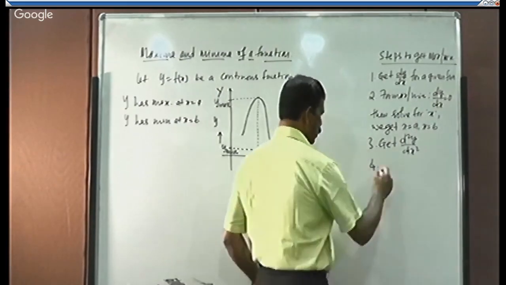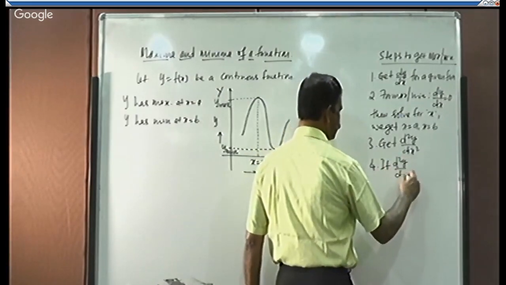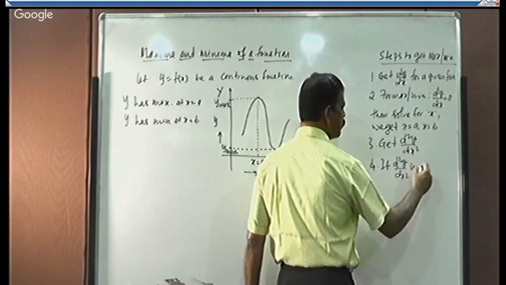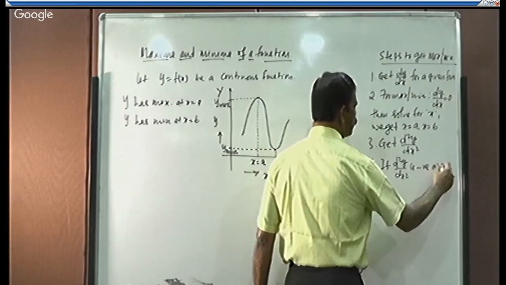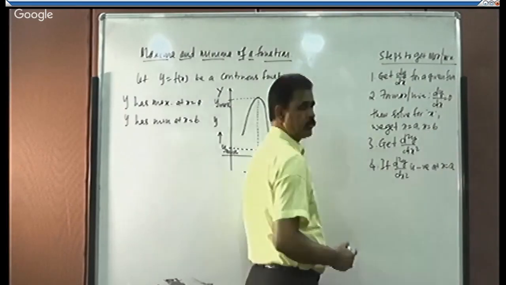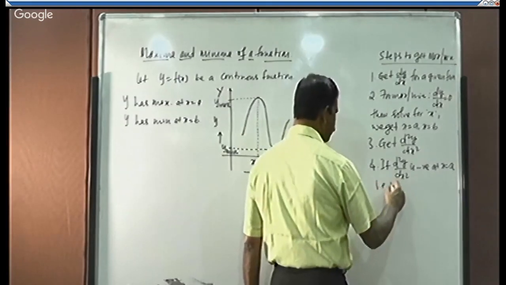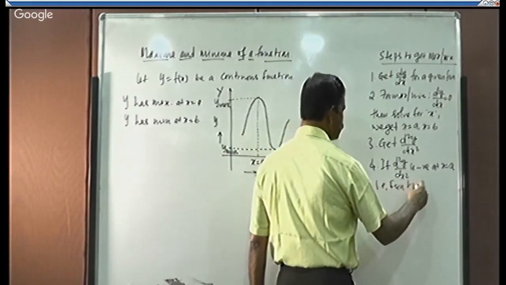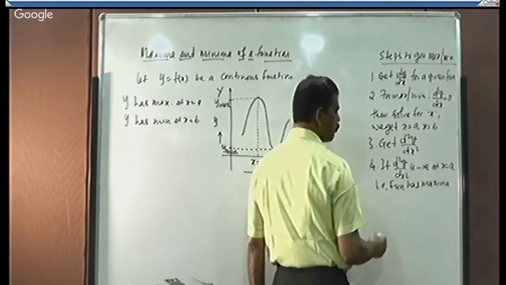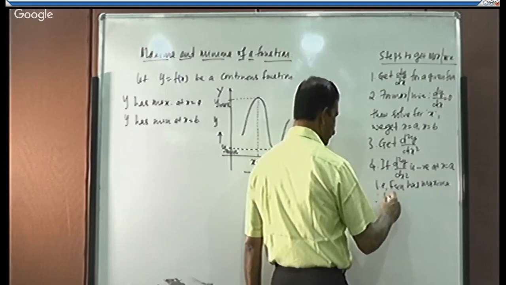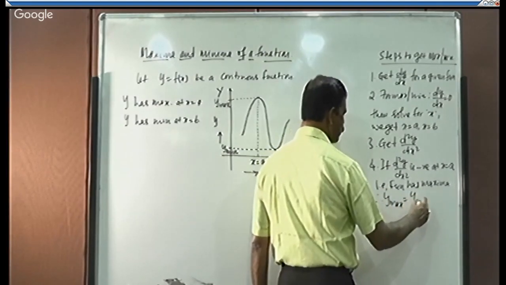See this. If d square y by dx square is negative at x is equal to a, the function has maxima. Therefore, y maxima is equal to y at x is equal to a.